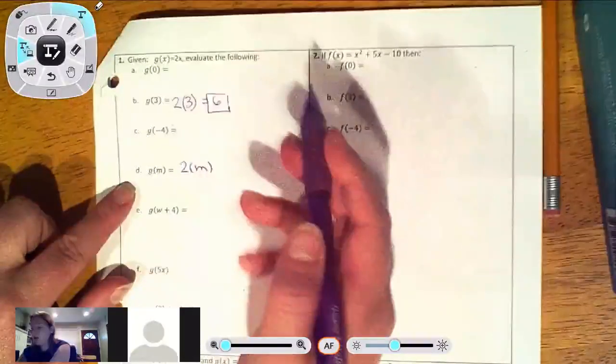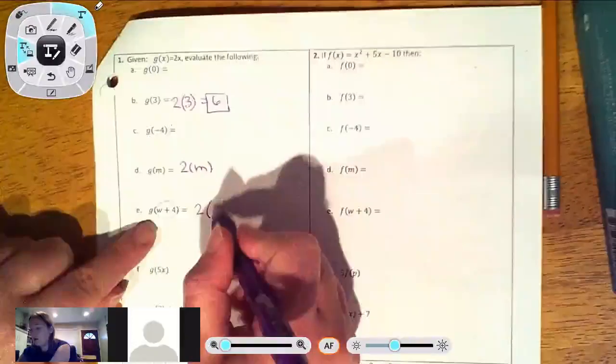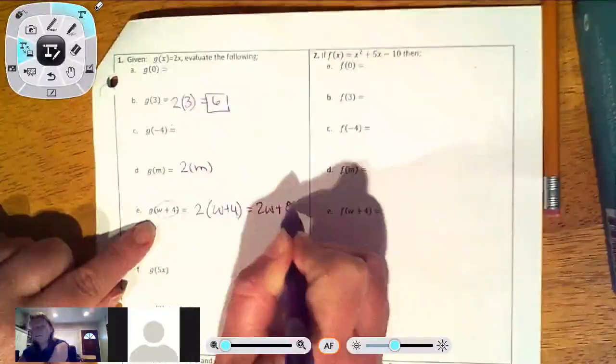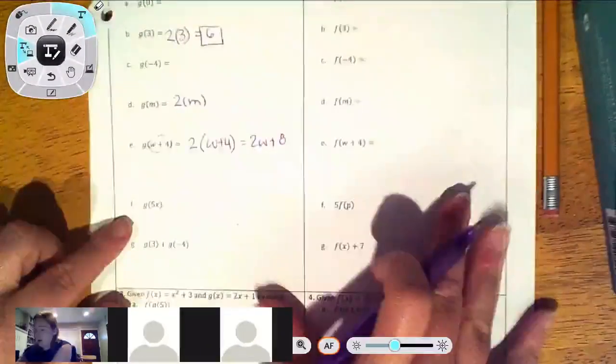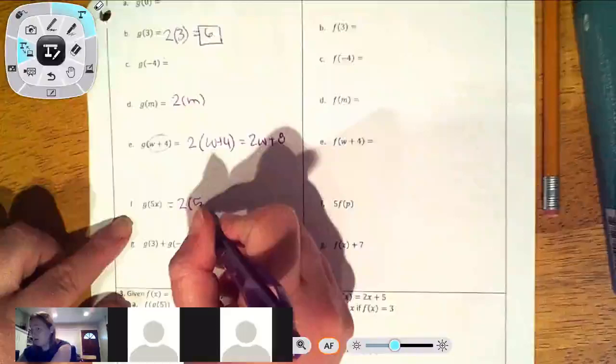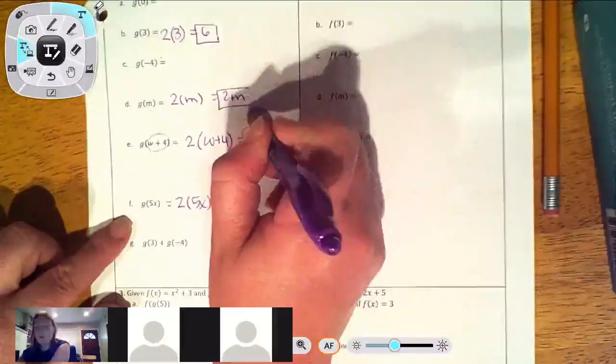So when you get down here, it's, again, 2 times what was in the parentheses. All right, that is 2m, just so it's a little bit nicer.